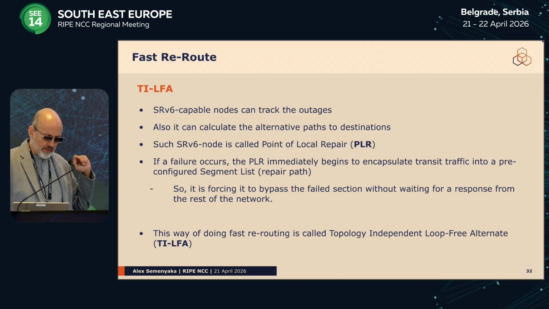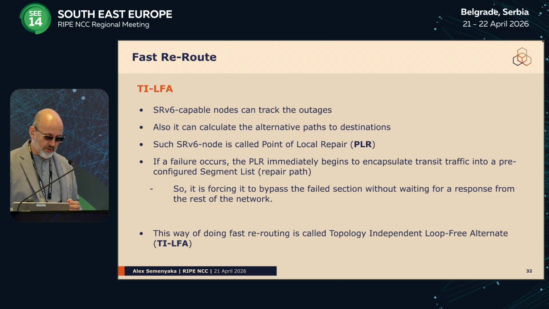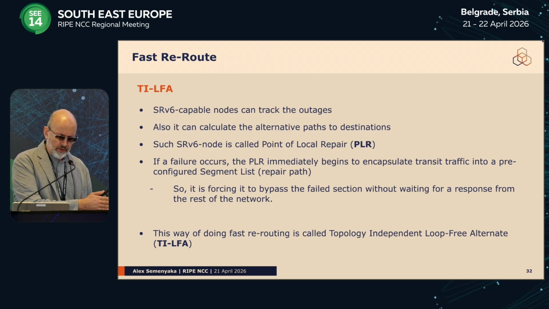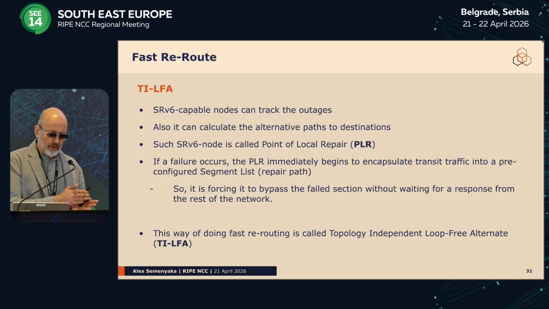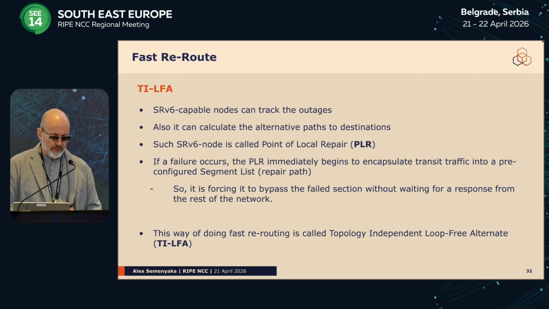If you turn this capability on SRv6 capable routers, they start tracking the information about the state of the network, and they are pre-calculating alternative paths to the destination. Now imagine that some router detects an outage. What does it do? It's simple.